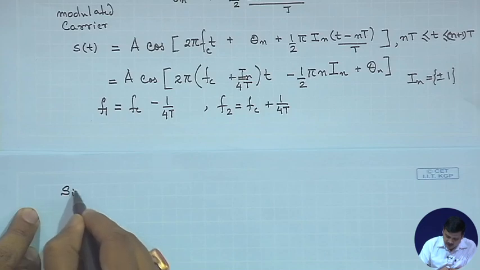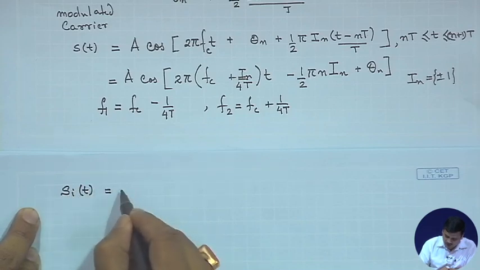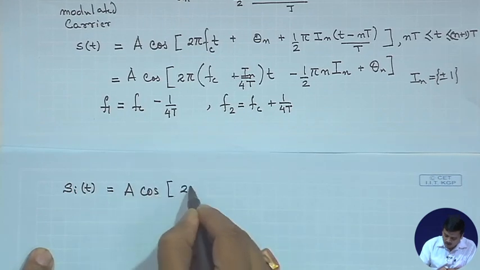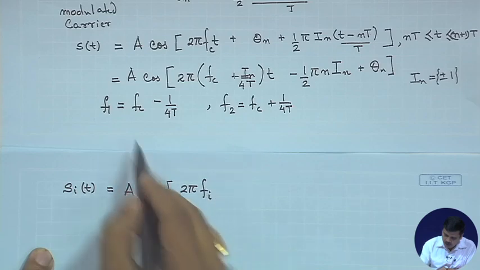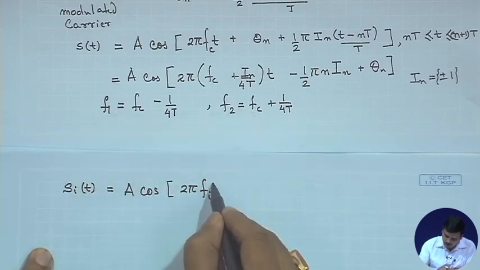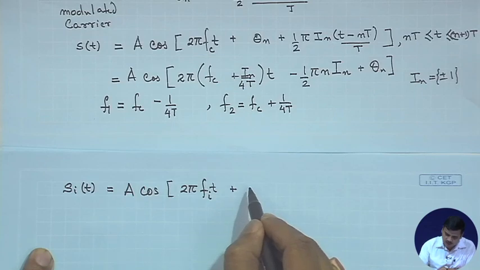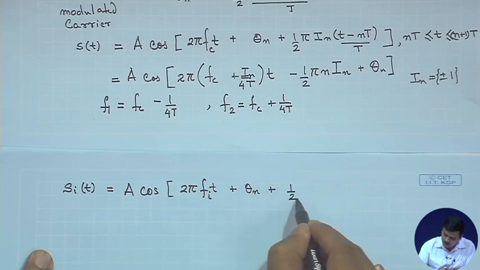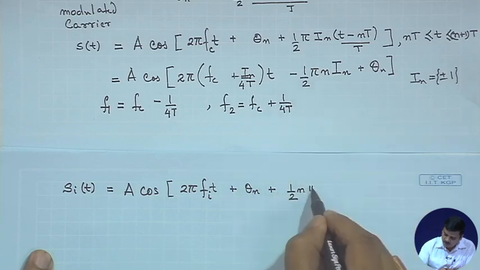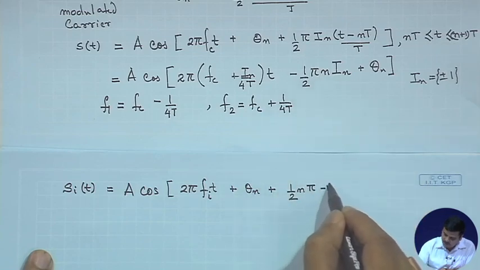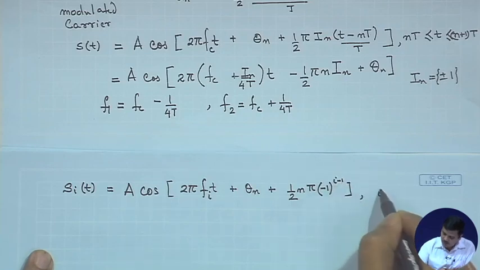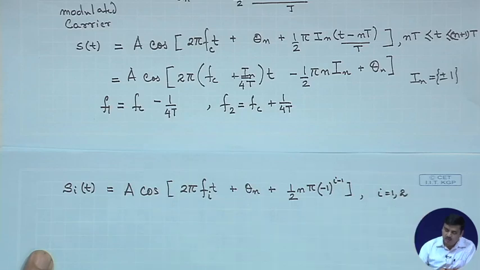We could write S i of t is equal to A cos 2 pi f i t, I could take these values, plus, we have theta n from here, which we keep as theta n, plus we have 1 upon 2 n from here, pi, and we have minus 1 to the power of i minus 1 for i equals 1 and i equals 2.